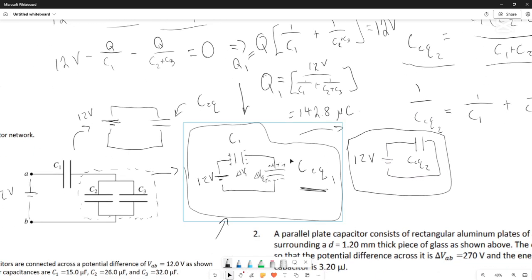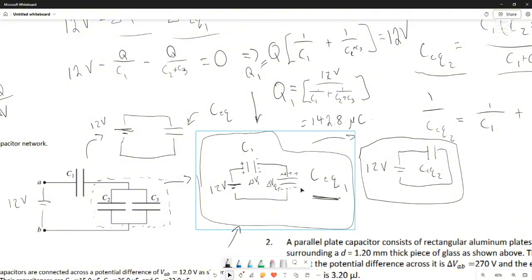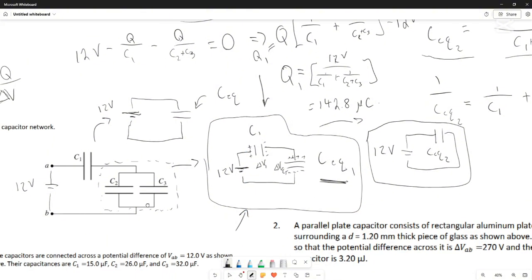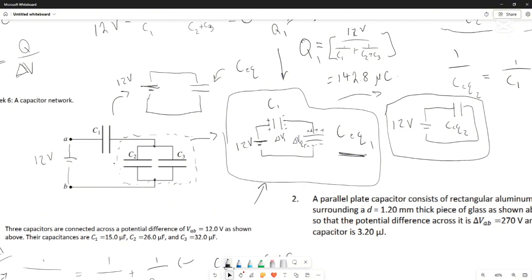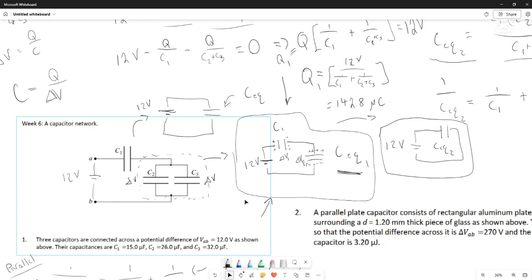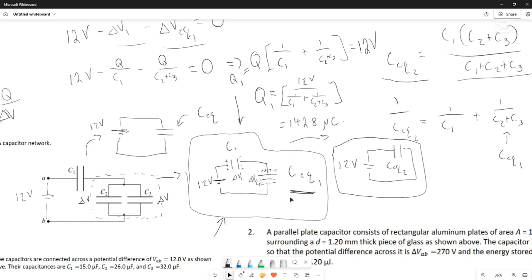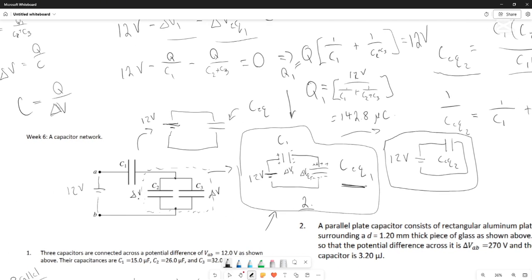But if we go to this intermediary equivalent circuit that involves an equivalent voltage drop across an equivalent capacitance for the two in parallel, and then remember that the voltage drop across any linear elements in parallel has to be equal, which comes directly from Kirchhoff's loop law, that means that the voltage drop across C2 and the voltage drop across C3 are the same. And thus, if we get the voltage drop across this equivalent capacitance in this second picture here, that would be the same as the voltage drop across C2 and C3.